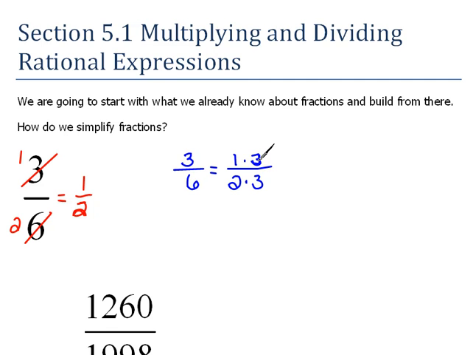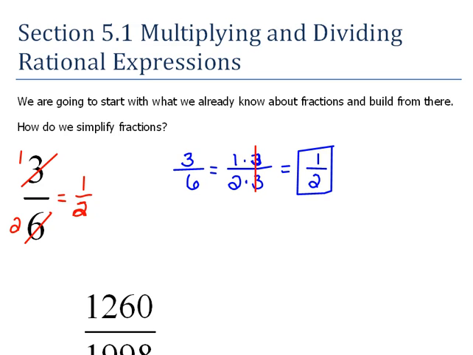Technically, you're not really canceling either, but anything over itself is 1. So 3 over 3 becomes a big old 1, and all we have left here is 1/2. So that's what's really happening whenever we simplify fractions.